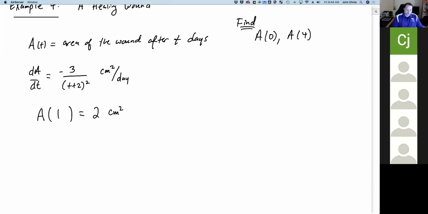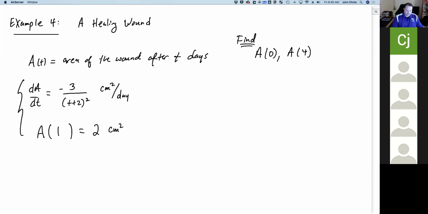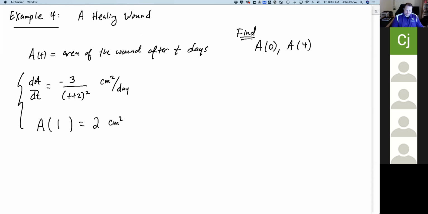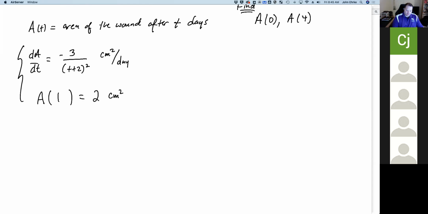So this is the information you're given. Together, this is the differential equation that we're trying to solve for this model. So let's do that. If I have dA/dt equal -3 over (t plus 2) squared, take the antiderivative of both sides.